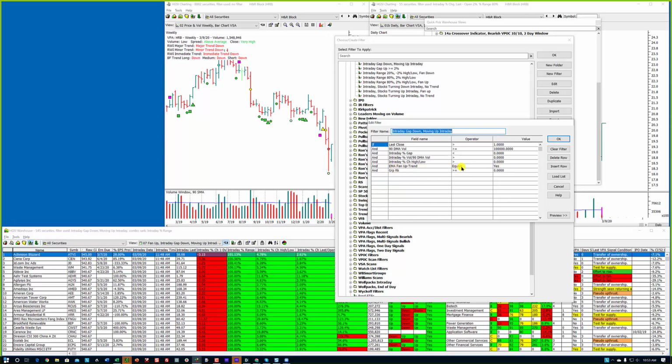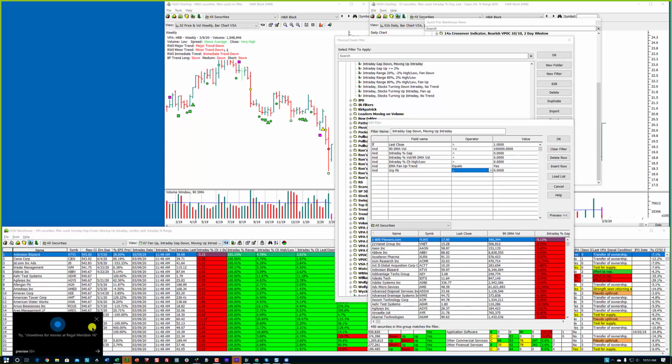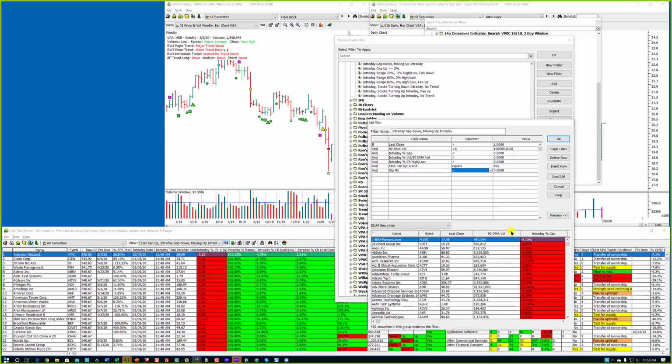We have the fan up trend equals yes, so these are relatively strong stocks, and I guess I didn't assign this to groups. I'm going to change that, and let's see what it cuts it down to. You click on preview. Do you people ever build filters? Paul, you do occasionally, don't you?